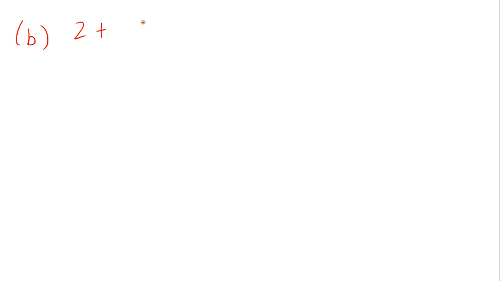2 plus 1 over y, divided by 3 minus 2 over y. Alright, so the book does this a little differently. I'm going to show you one way to do it and one way only, because it relates back to how you learned fractions in elementary school.